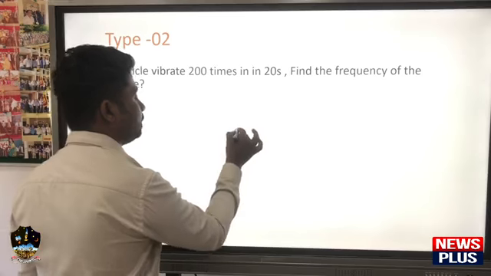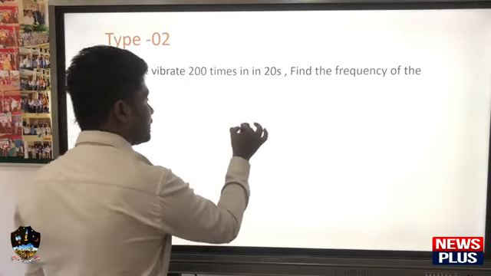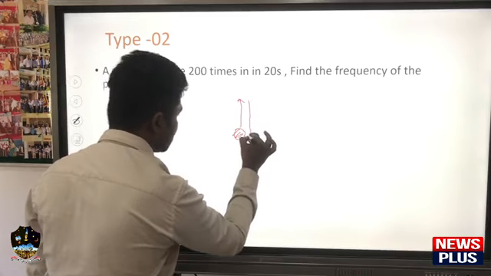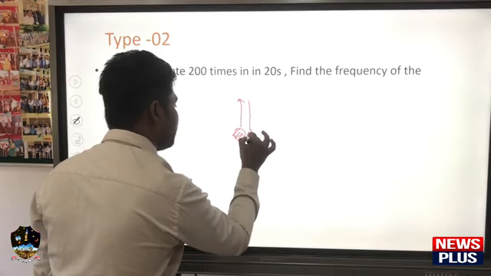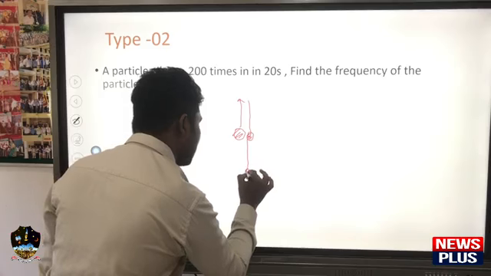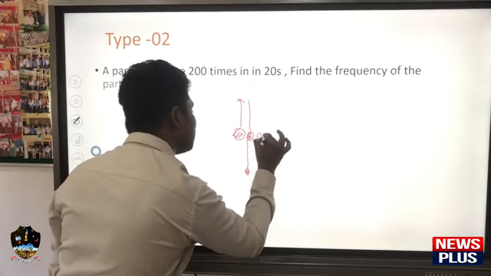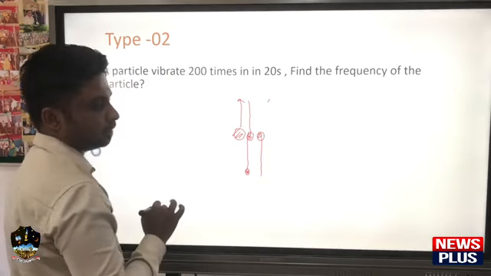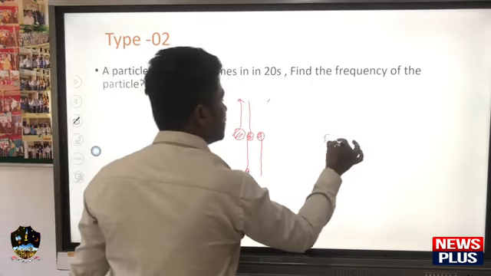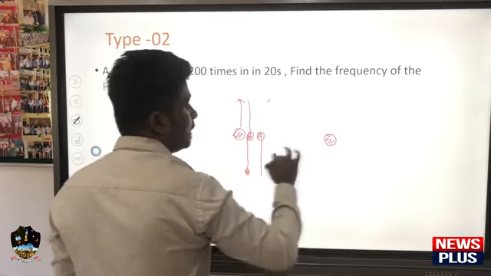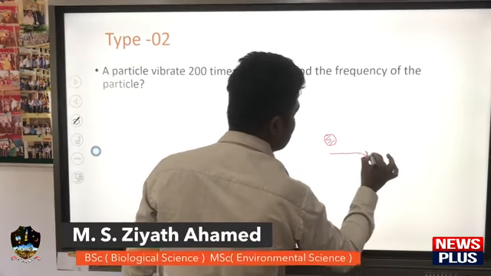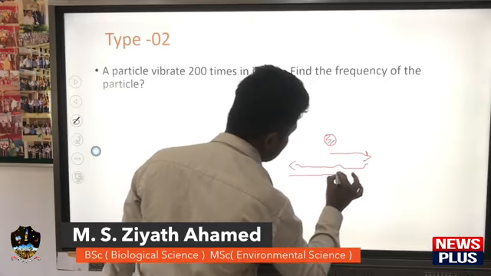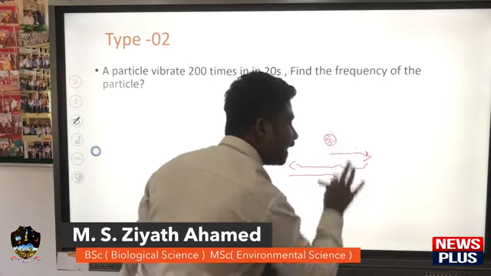If you take one particle here, it vibrates here, then comes to the center point, then vibrates here, then it comes to the center point, and this is one vibration.